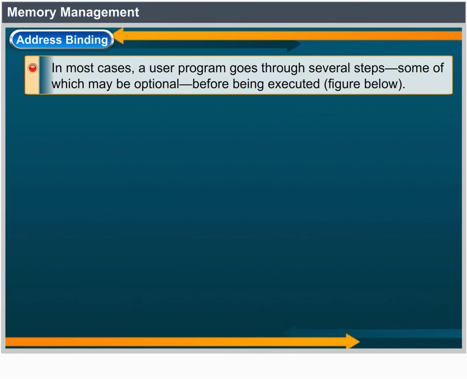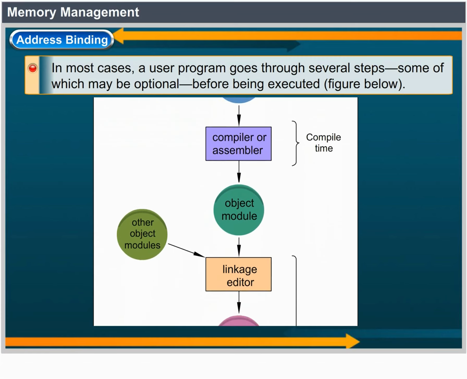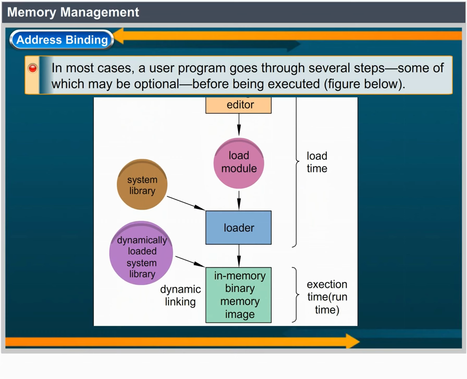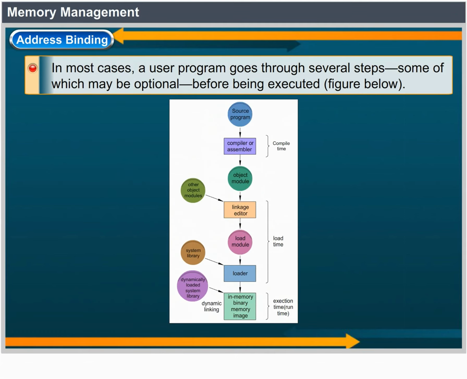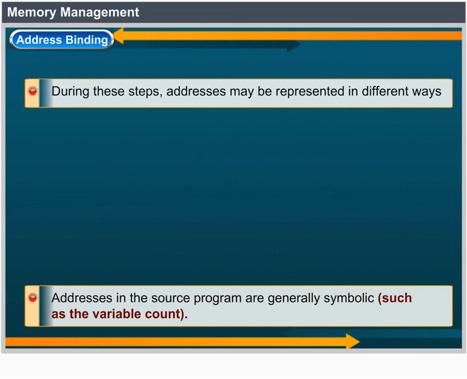In most cases, a user program goes through several steps, some of which may be optional, before being executed. Figure below. Addresses may be represented in different ways during these steps. Addresses in the source program are generally symbolic, such as the variable count.